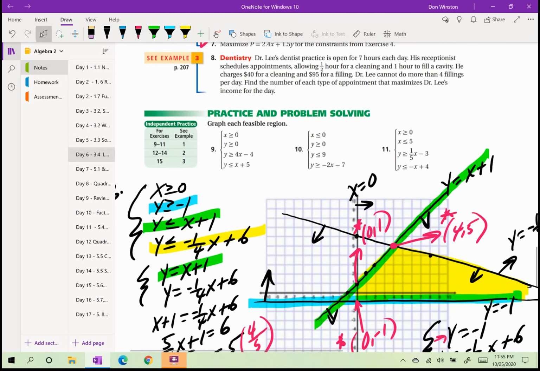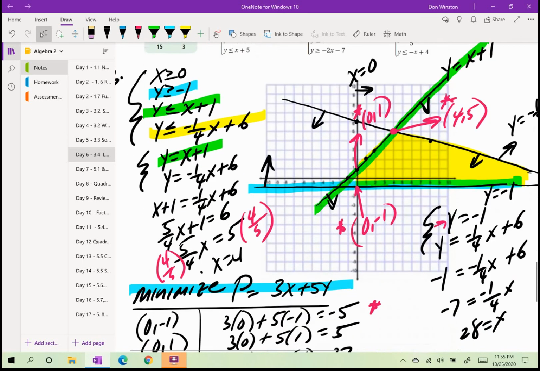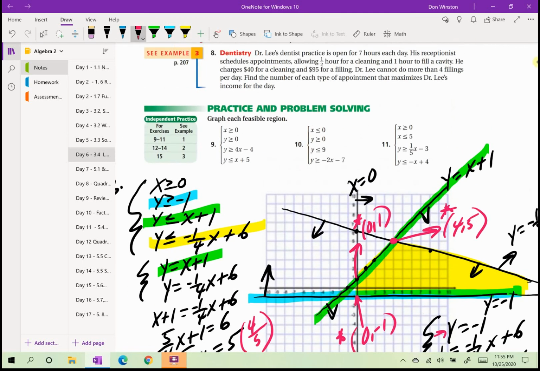And then you'll do 9 and 10 as well, 11, and then 12 goes with 9, and then 13, I believe, goes with 10. So you'll do 9, 10, 12, and 13, but they come in pairs.